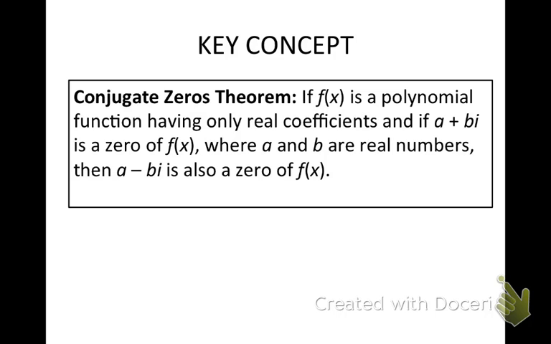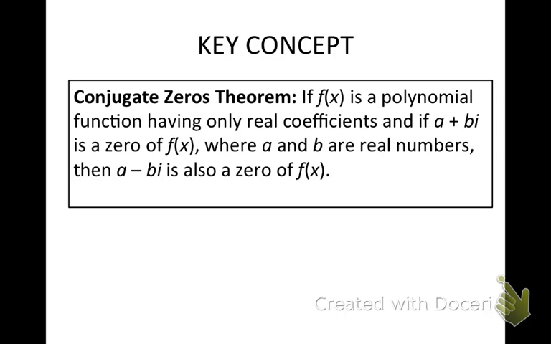Which kind of is a pain because you're like, oh, now I got to deal with conjugates. But if you get one complex 0, you can easily get the second complex 0 by just thinking about the conjugate of it. So it kind of gets 2 of your zeros done pretty easily.